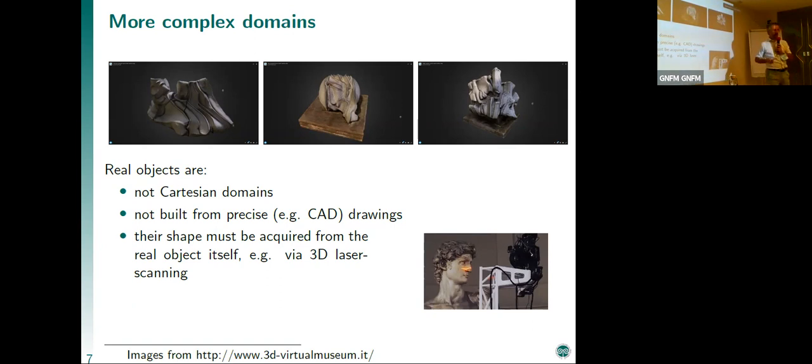If we are working on a piece of art, we need to get the geometry from the object itself, a posteriori. And one of the best possibilities to acquire the shape of an object is three-dimensional laser scanning.